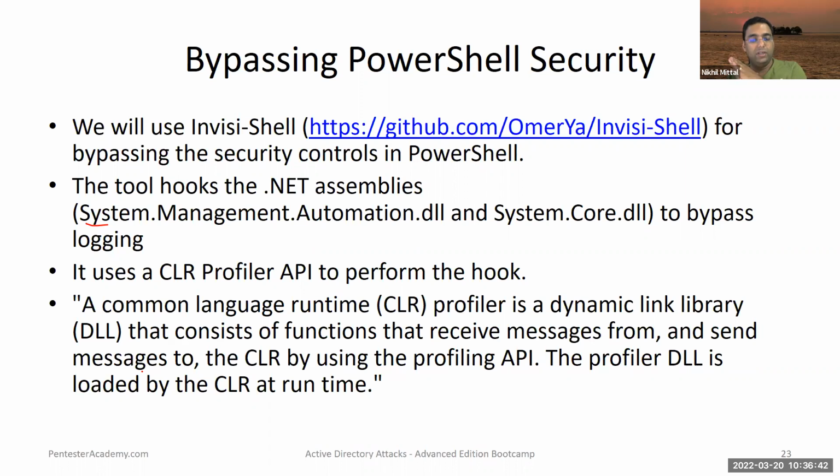That is, whenever an executable is run or a .NET assembly is called, at runtime the profiler DLL, for us that would be InvisiShell, is loaded by the CLR, and therefore the hooks are performed, which incapacitates the enhanced logging from System.Management.Automation and System.Core. This is hooked to avoid script block logging. This is hooked to avoid the system-wide transcripts.